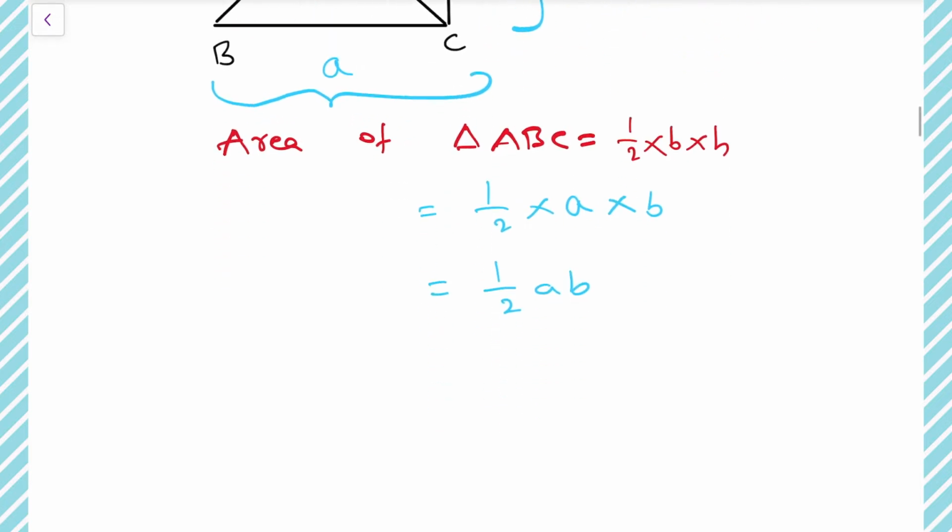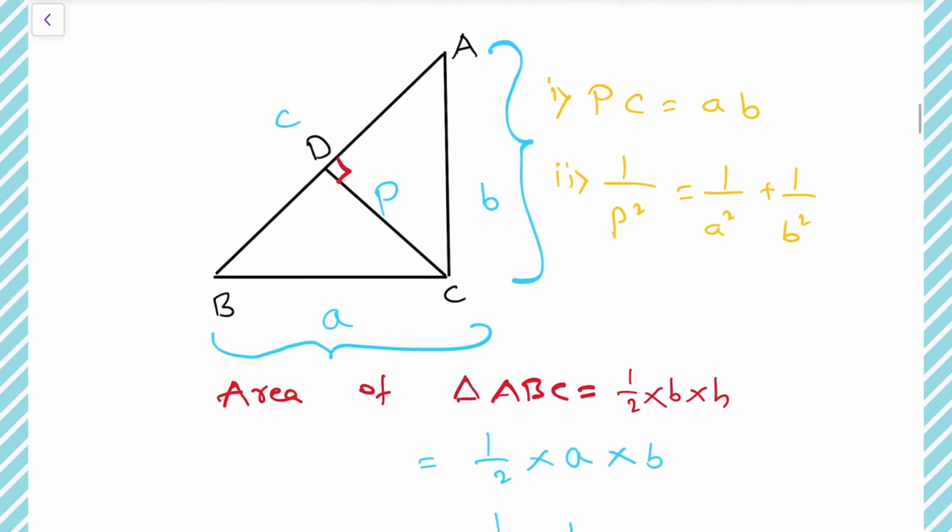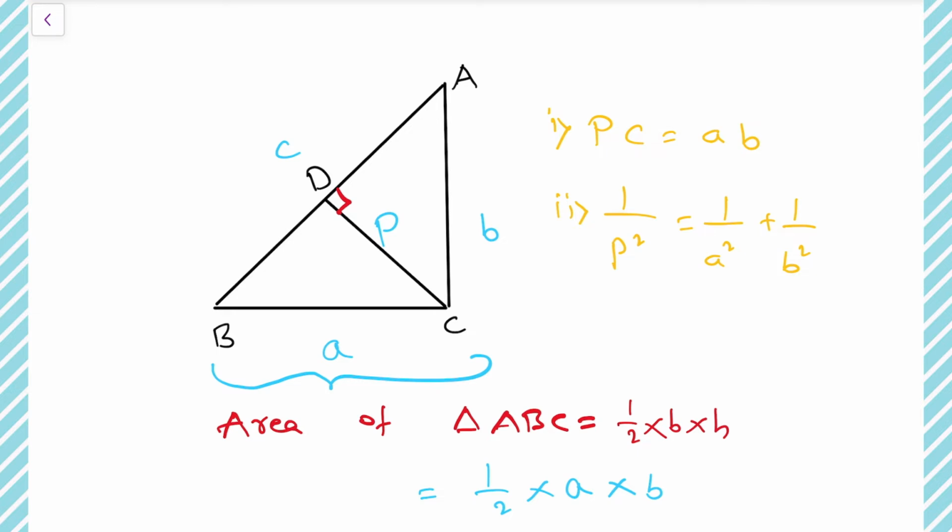Next, again I am going to find the area of the same triangle ABC. Area of triangle ABC is equal to half into base into height. Now instead of taking this BC as the base, I am changing the base completely. Previously I took BC as the base, now I am taking this AB as the base.